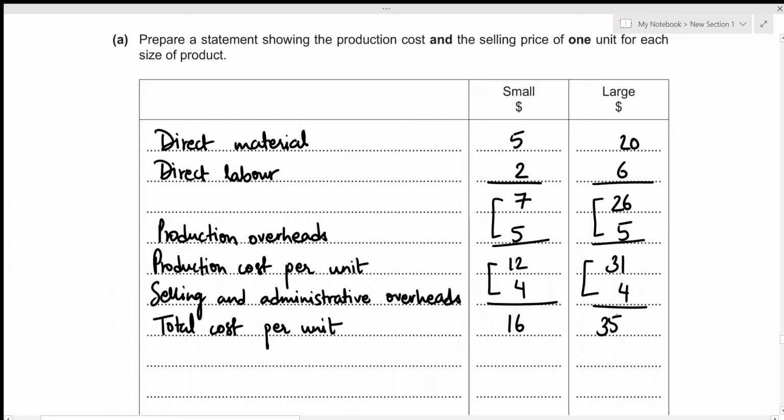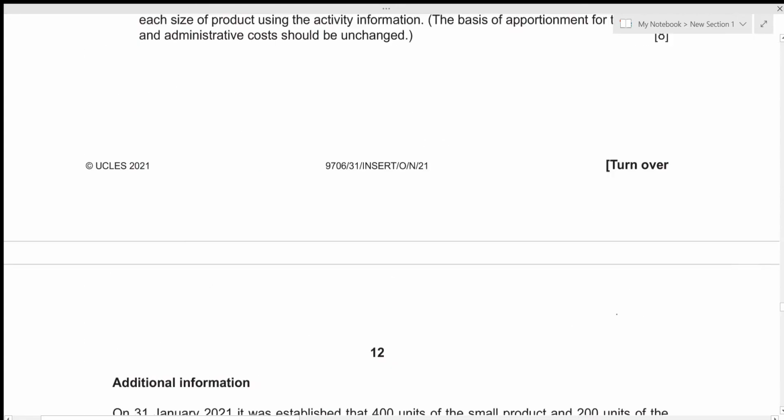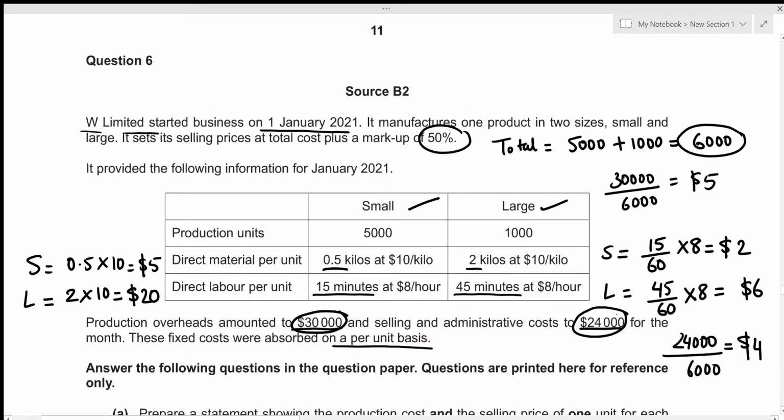Now we are also required to figure out the selling price per unit. In order to do so, we need to have information regarding the markup. Let's have a look at the above information. We are told that the selling price is the total cost plus a markup of 50%, which means that our profit is just 50% of total cost.